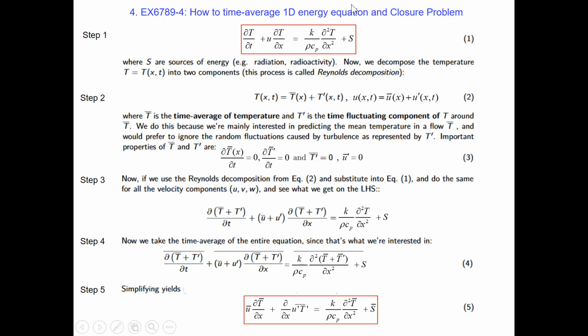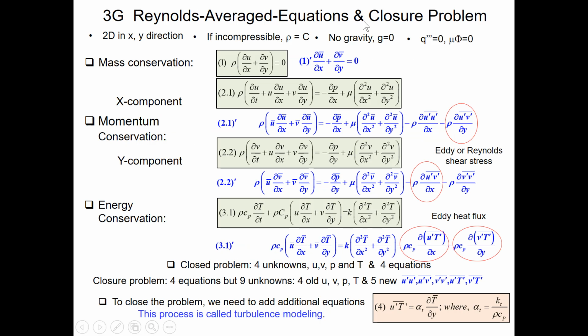A classic example shows you how to do the averaging, but we jump to the conclusion directly, which is to compare the average equation with the original equation. You have noticed the average equation, the time average equation, is also called the Reynolds average equation, same thing.